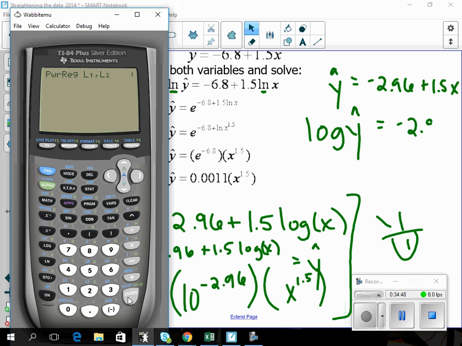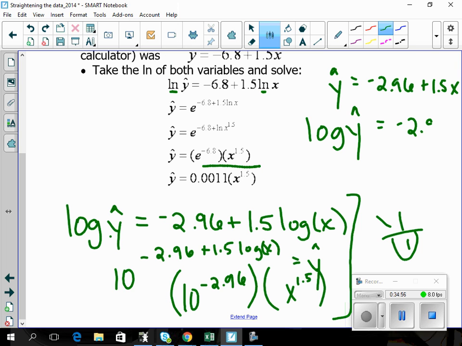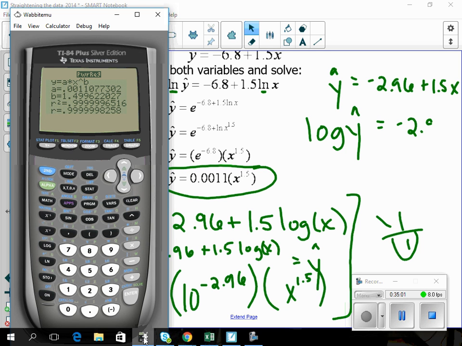We've already determined by taking the log of both that this is the equation that we want. And notice that's the equation that we get. There's one and the same. That's the 1.5. Oh, okay. The calculator does the regression for you.